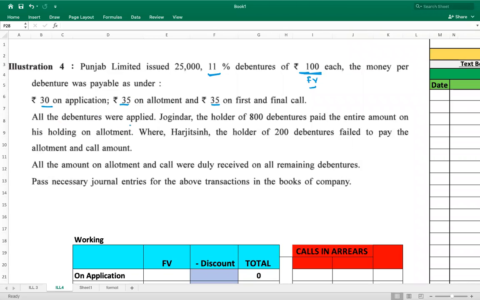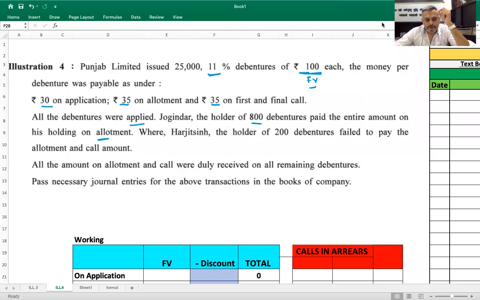All debentures were applied. Joginder, the holder of 800 debentures, paid the entire amount on his holding on allotment. तो allotment के time पे जोगिंदर paid the complete amount at the time of allotment. So final call का भी पैसा उसने allotment के time पे ही दे दिया. Where Harjit Singh, the holder of 200 debentures, failed to pay the allotment and call money.